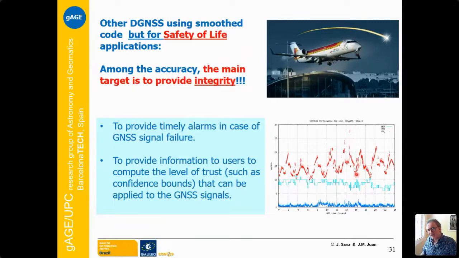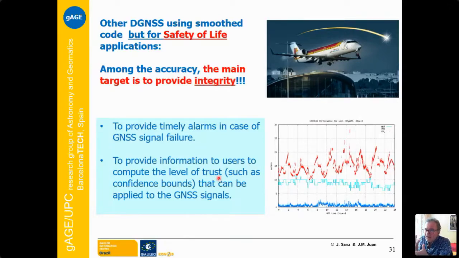This means in case of detecting any anomaly, the system has to provide timely alarms in case of any GNSS signal failure, but not only provide alarms, but also provide information to the users in order to allow the user to have an estimation, an idea of the level of trust the user can apply to the signal.